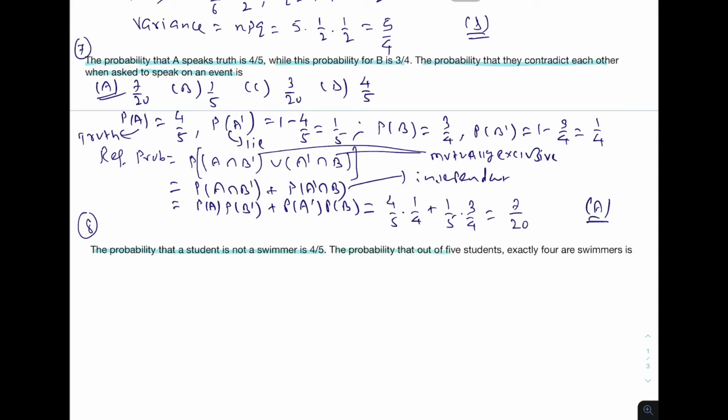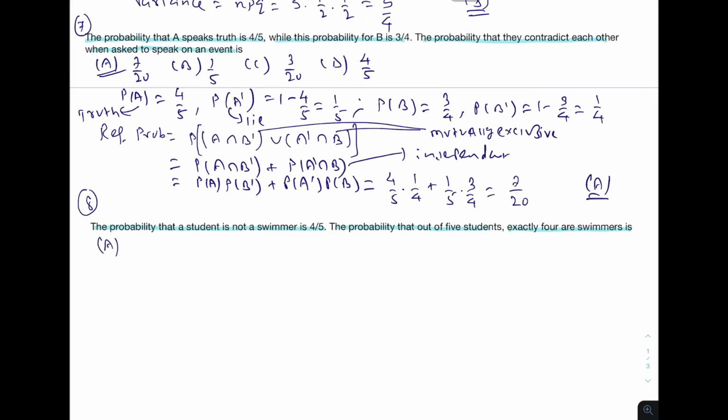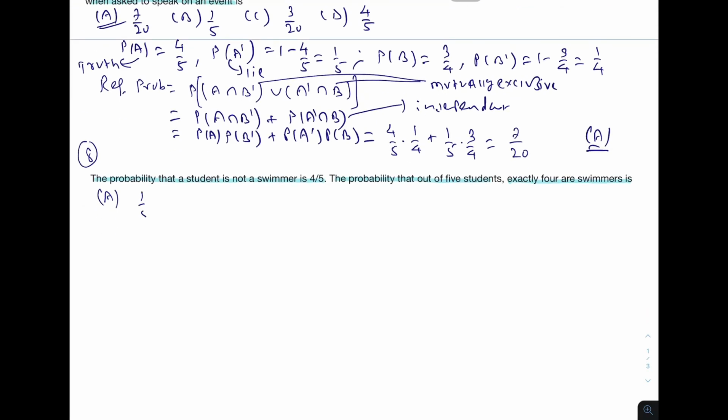The probability that out of 5 students exactly 4 are swimmers is, so here the options are given: 1 by 5 power 3, then 4 into 1 by 5 power 4, then 5C4, 4 by 5 power 4, then 4 by 5 power 4.